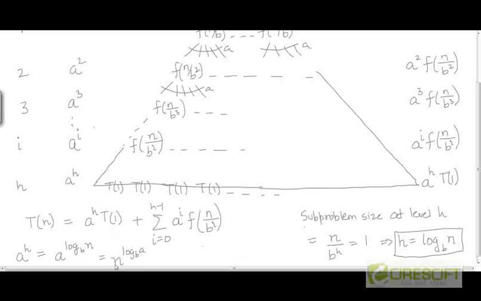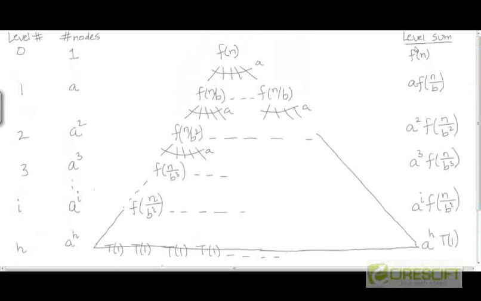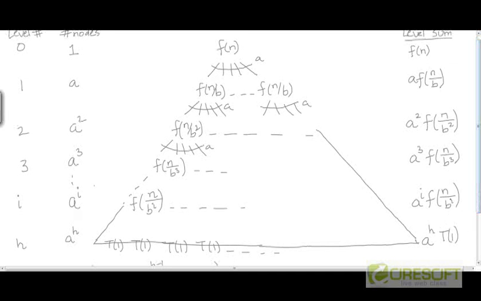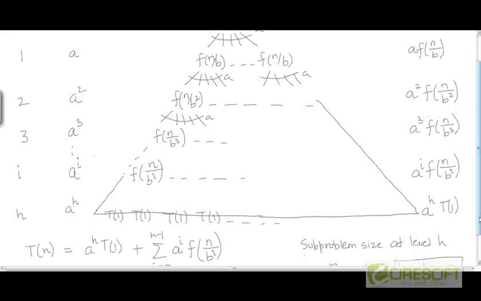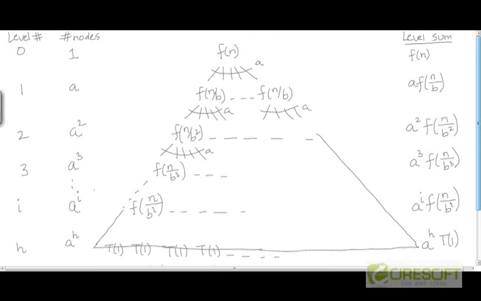So you would expect this term to be dominant over f of n when this forms an increasing geometric series. Of course, t of 1 is constant, which means that if you compare n to the power log of a base b with f of n, n to the power log of a base b is going to be the dominant term.